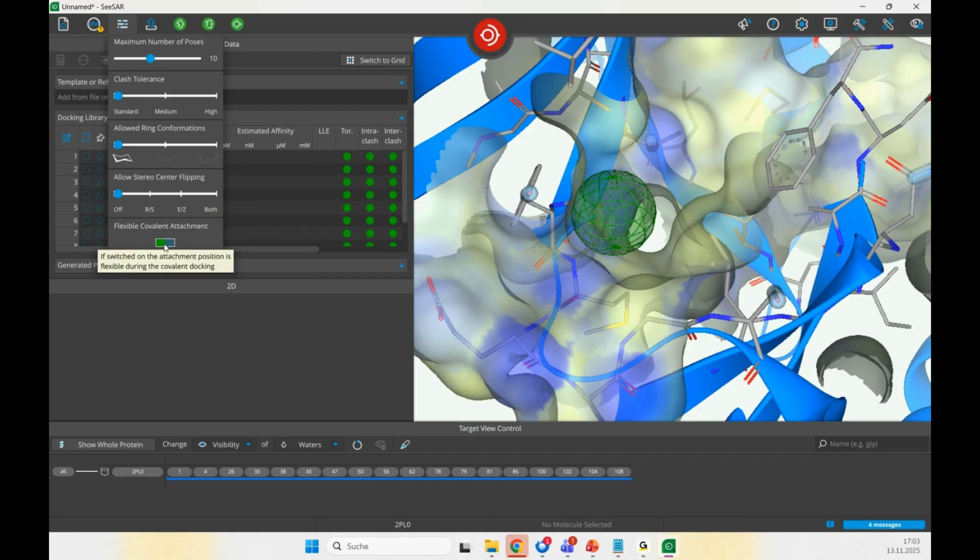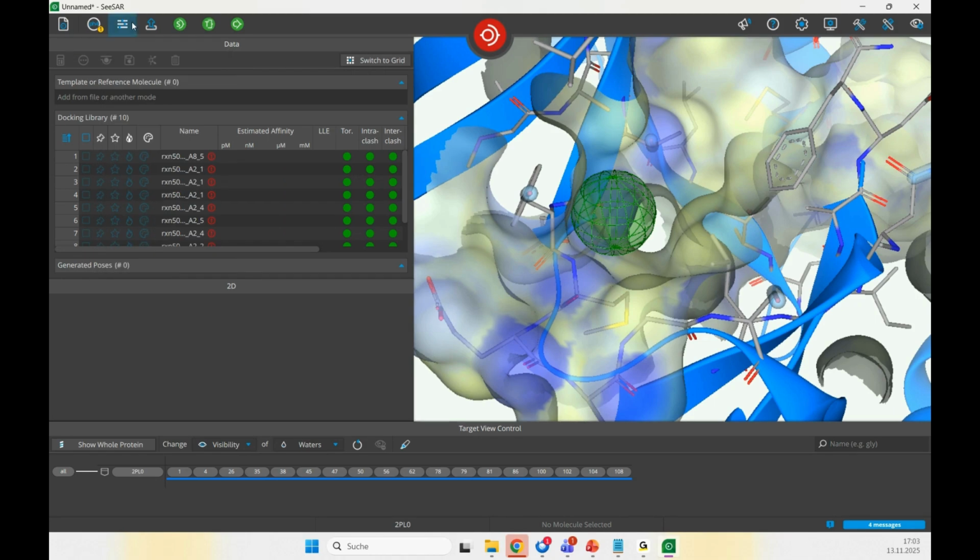Flexible means that it can rotate around the cysteine. In some cases, we are quite confident about the exit vector of your covalent bond. So basically the cysteine and the hydrogen have to face in the same direction always. It's exactly this direction it has to go to. You can also make it rigid here. If you need pharmacophore definitions for your FlexX command line, you can export all the pharmacophore constraints as well using the export definition here.